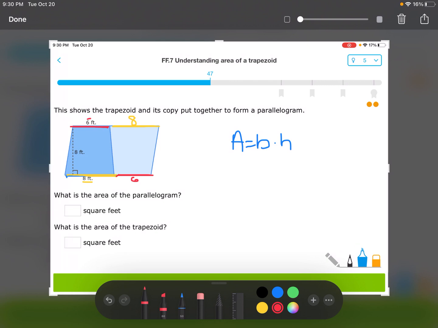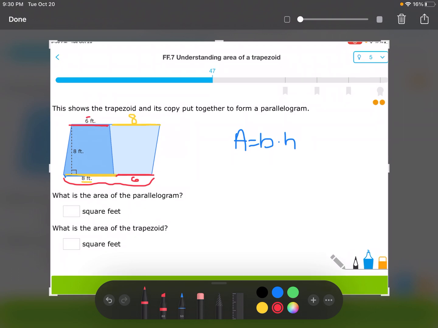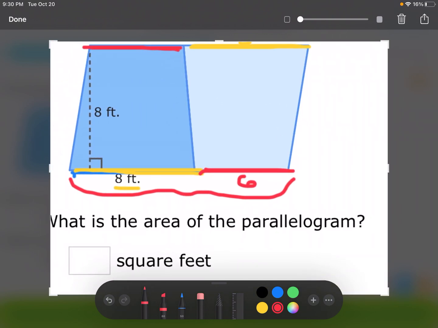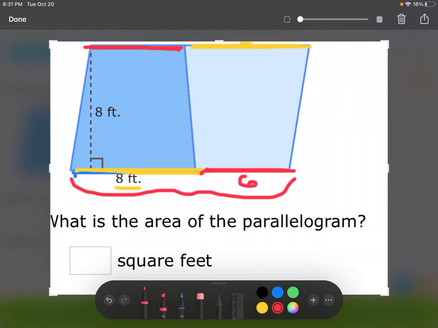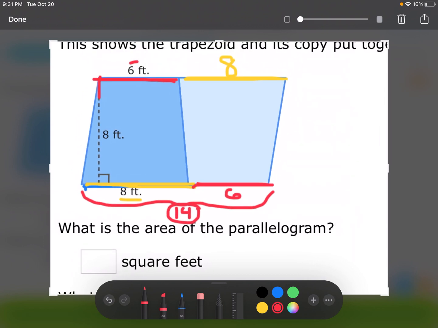So to find the total base of your parallelogram, you have to add the 8 and the 6 together. And that's going to get you a total base of 14. 8 plus 6 is 14. So your base of your parallelogram is 14, and your height is 8 because it makes that right angle.